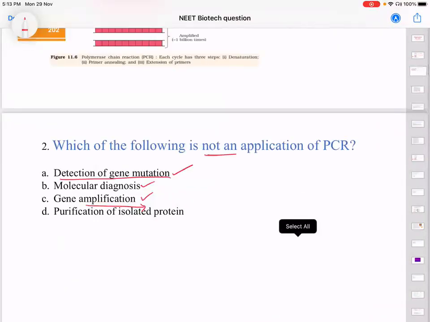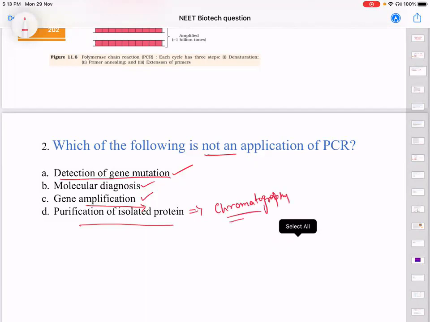Gene mutation is an application, molecular diagnosis is an application, and gene amplification is also an application. Whereas for the purification of isolated protein, PCR doesn't have any role. So what is involved then? It will generally be some purification technique, like chromatography. You can go for a chromatographic technique.